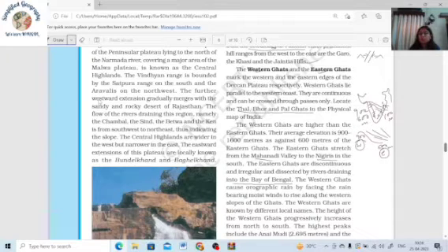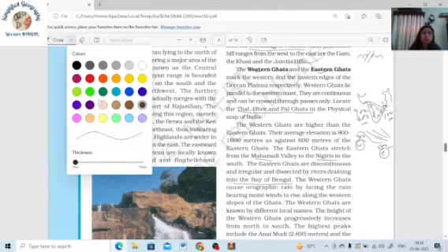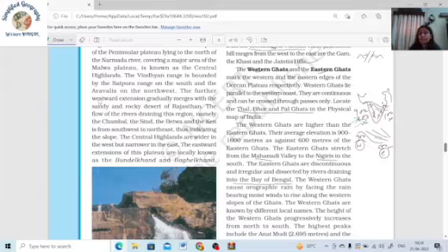The western Ghats cause orographic rain. Now this orographic rain we need to understand: when monsoon winds come, the southwest monsoon wind hits the Kerala coast first, and after that it moves northward towards the western Ghats.